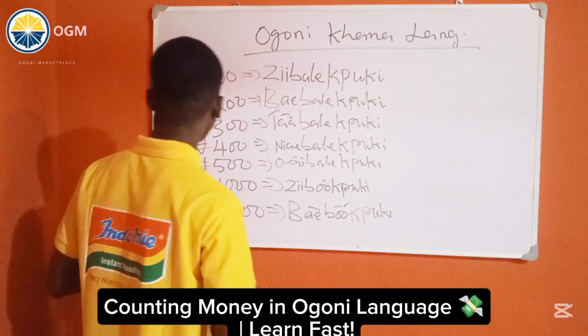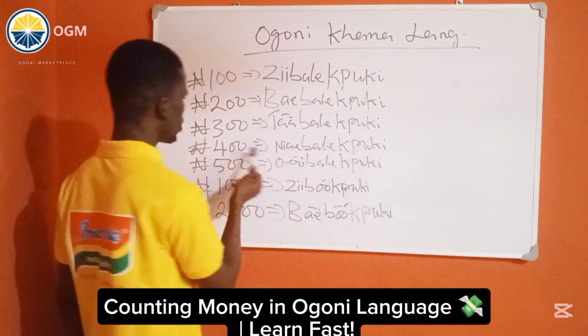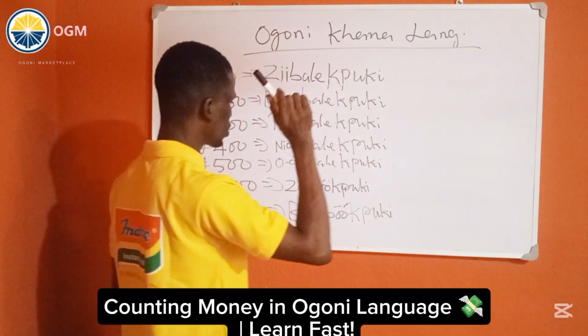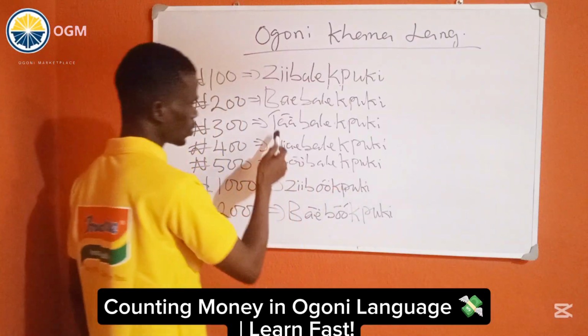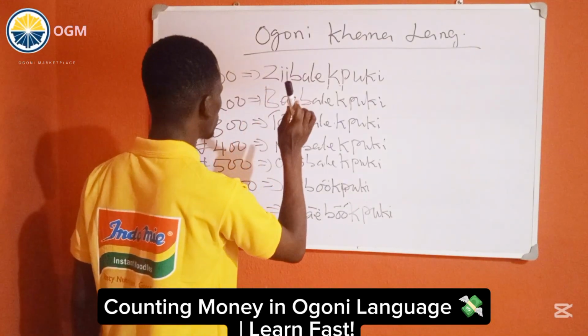Then you will have here next on the board 300, which is called tabele boogie. Then here you have 400, which is nia bele boogie. If you were following the class from the previous video, you see that this is zin, which I've taught you.